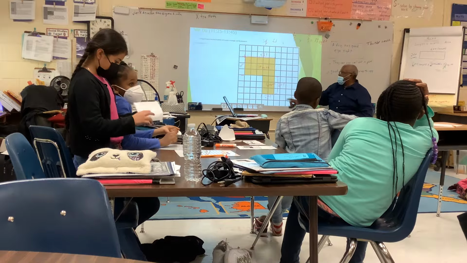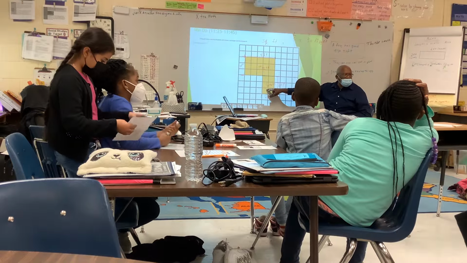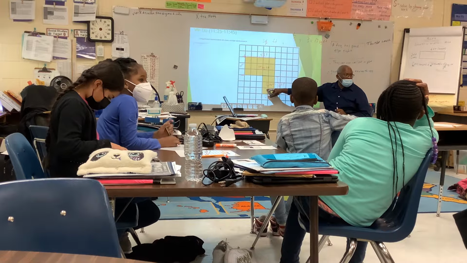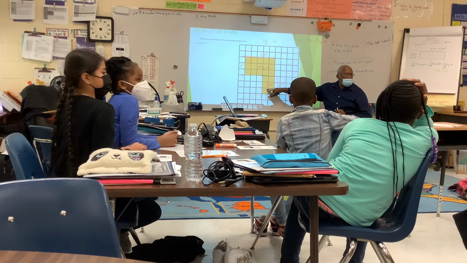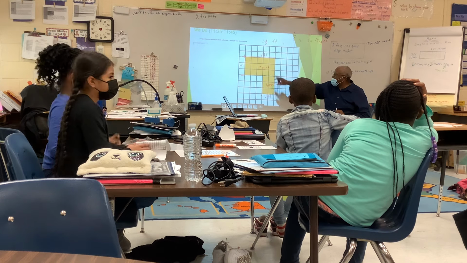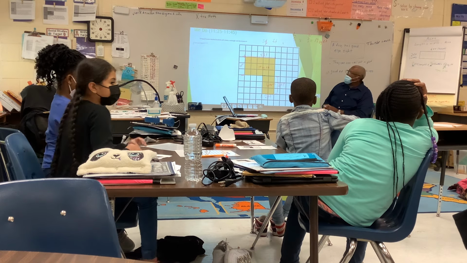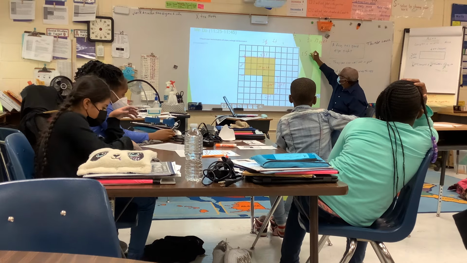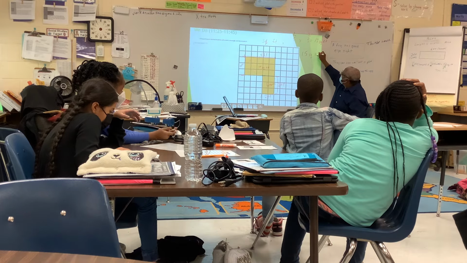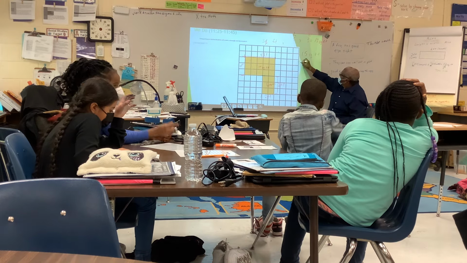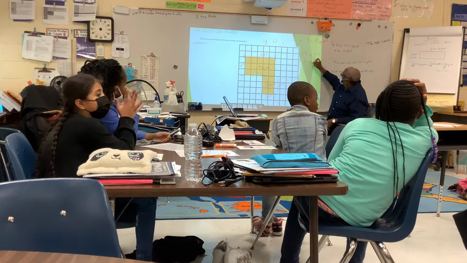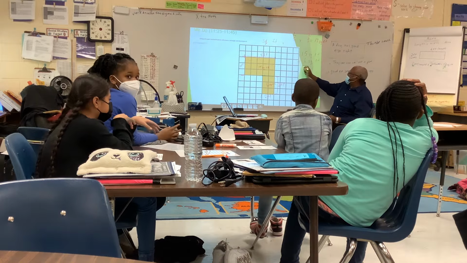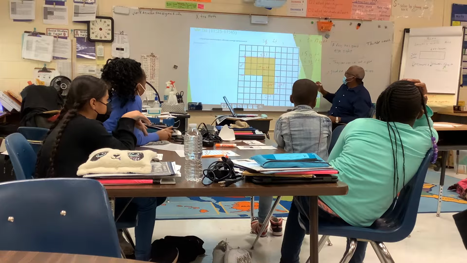All right, so we have 15 square feet plus what? Jayla, I need you to engage. I need eyes over here. 15 square feet plus 6 square feet equals, you all said what? 21. 21 what?